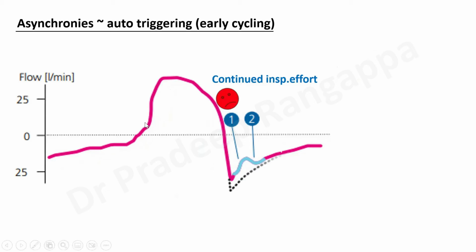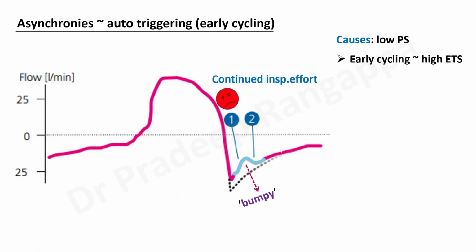Here you see your inspiration has ended, but then there is continued inspiratory effort during the expiratory phase, because this is an expiratory phase. This we call a bumpy sign, where there is continued inspiratory effort during the expiratory phase. The cause is low pressure support and high expiratory trigger thresholds, and a short inspiratory time.